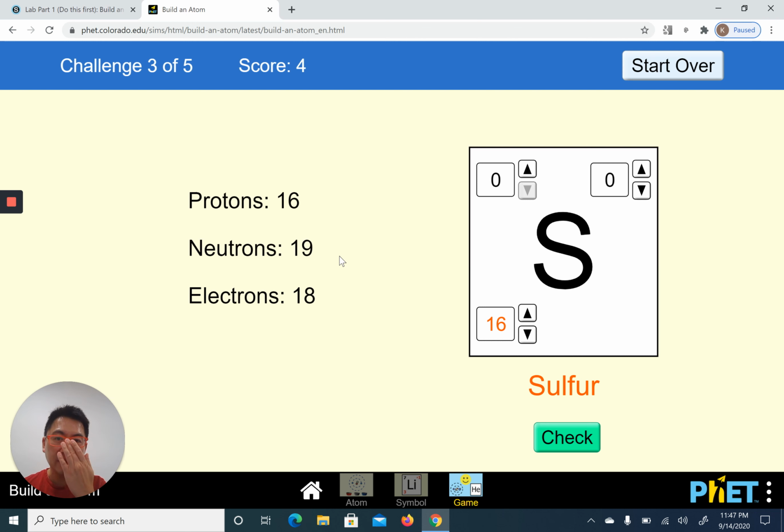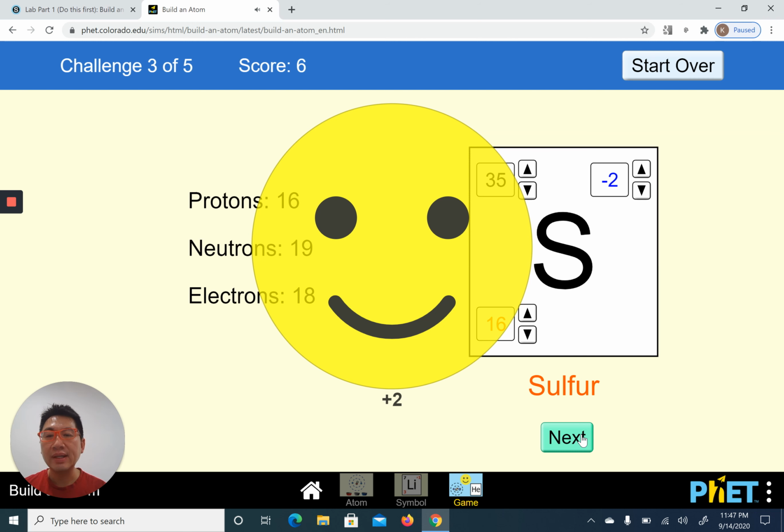I think that's 35, if I can add right. Yeah, 35. Now, what is the upper right number? It's the overall charge, and that's going to be 18 negatives, 16 positives. The overall charge should be -1. Okay, yay, so we did the first part of this lab or activity for now. Yay.